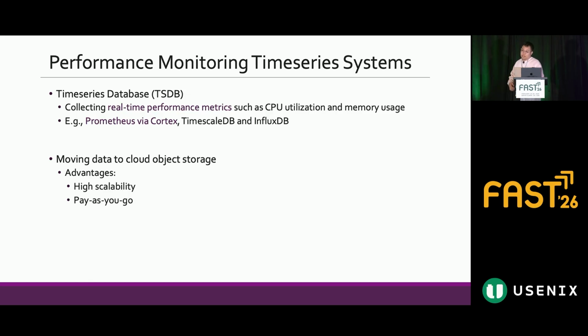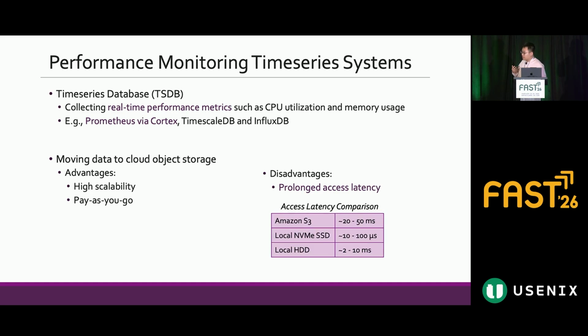In this way, we have some advantages: high scalability, and the cost can be controlled with the data size. But the disadvantage is also clear: we now have a prolonged access latency compared with local SSD and HDD. We may have several times and up to 1,000 times higher latency.